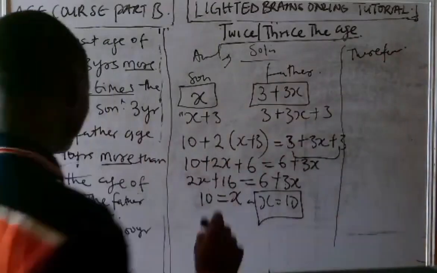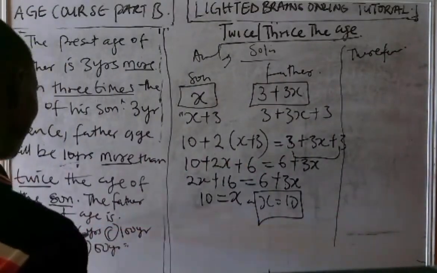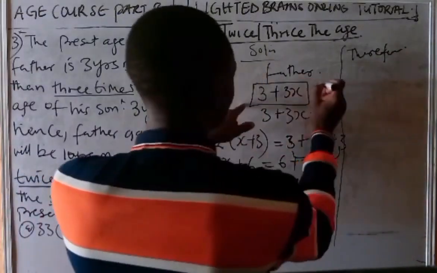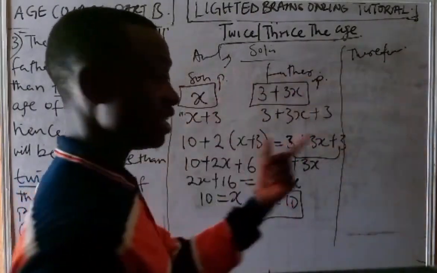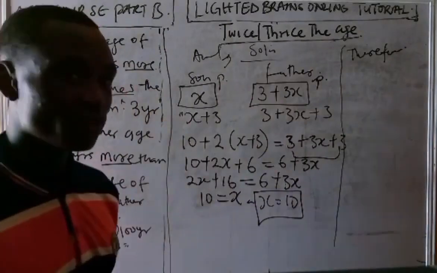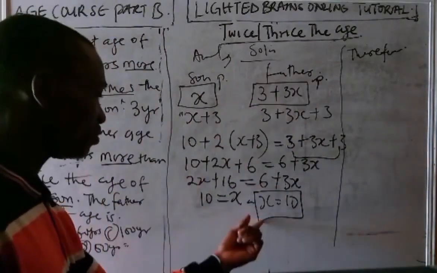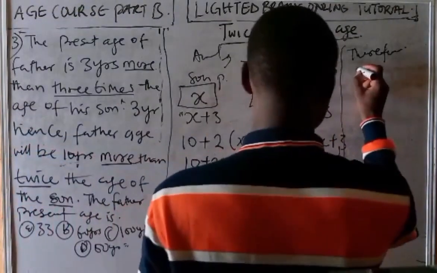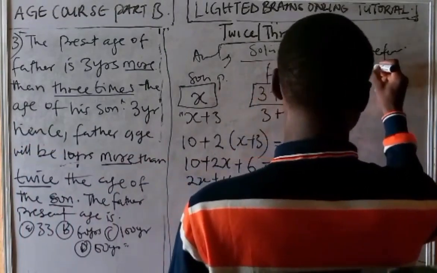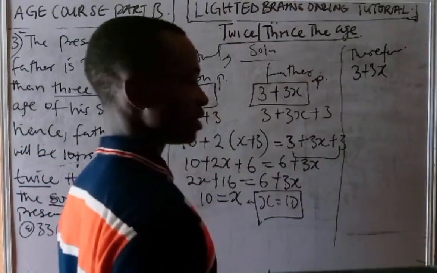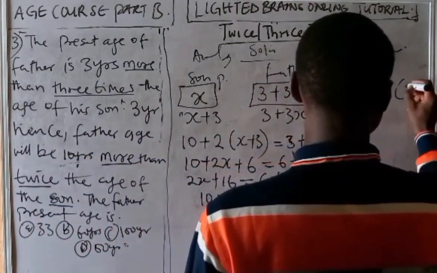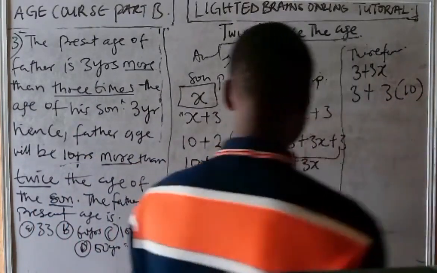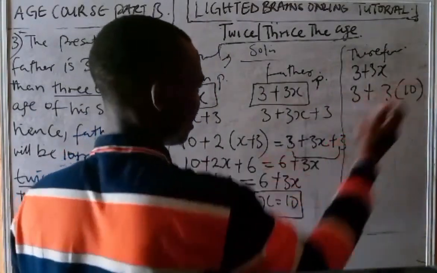Therefore, they are asking us for the present age of the father. This is the present age of the son, and the present age of the son is 10, which is x. So the father's present age is 3 plus 3x, that is 3 plus 3 into 10.